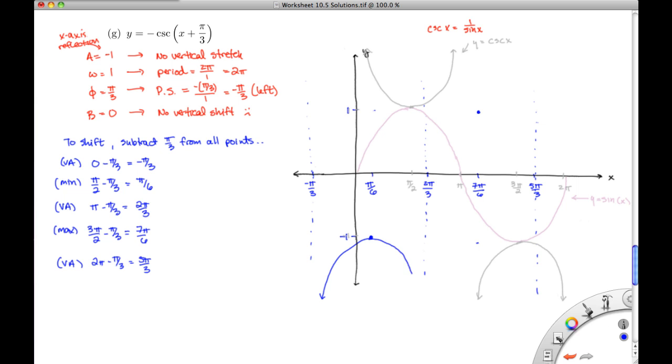Now I know this is getting awfully busy, but I'll remove the other stuff in a second. So we've shifted it to the left, then reflected it across the x-axis. And as we remove all of these unnecessary things, we get something that looks like this.